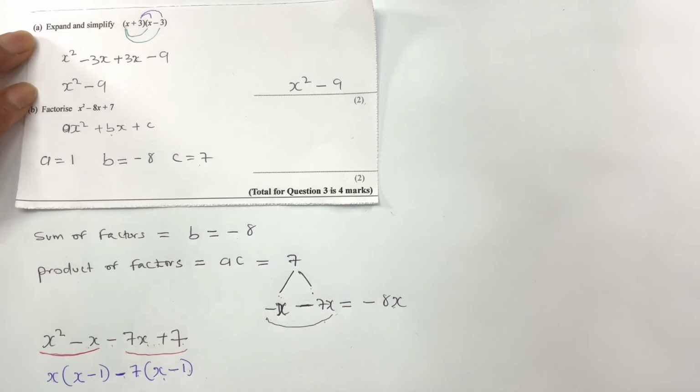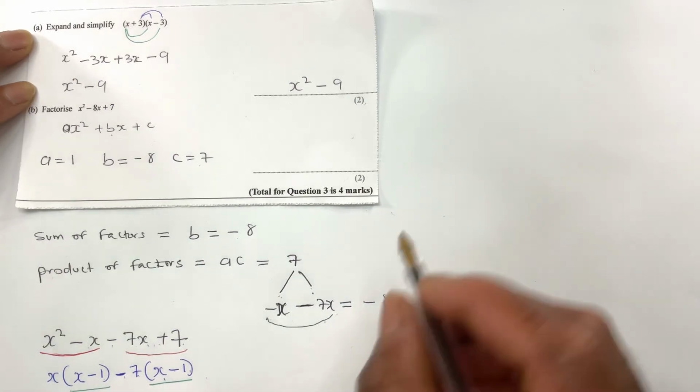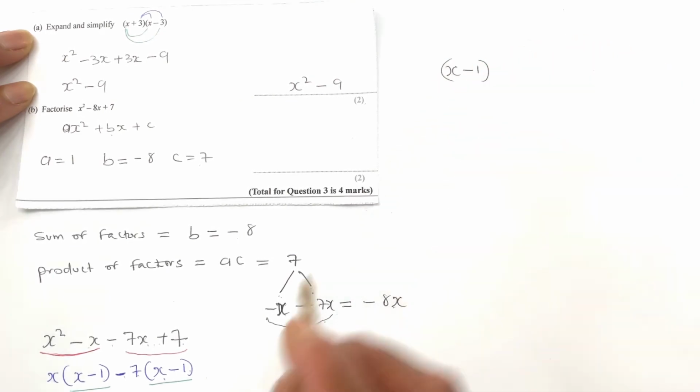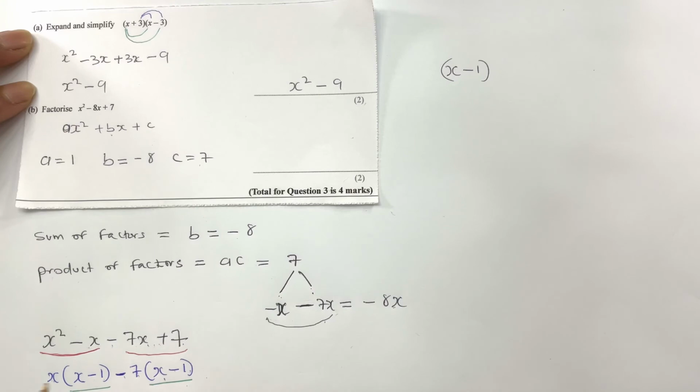So now I've got a new common factor, x minus 1, x minus 1. So what I'm going to do now is write this factor out. X minus 1 is a factor. If I take x minus 1 out, I'm left with x minus 7.